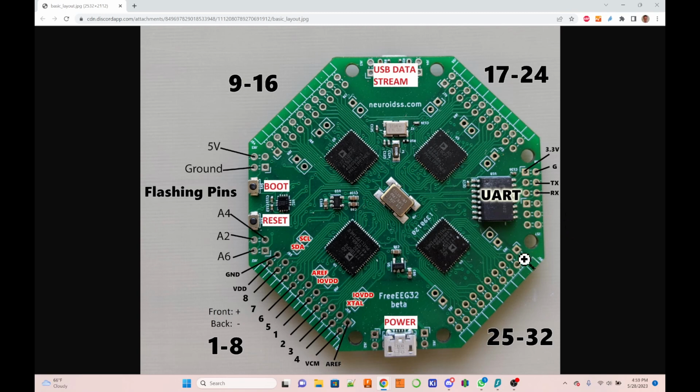Then if you wanted to, there is an isolated UART port here. So this big thing here, this component is another isolator, and that isolates the UART port.